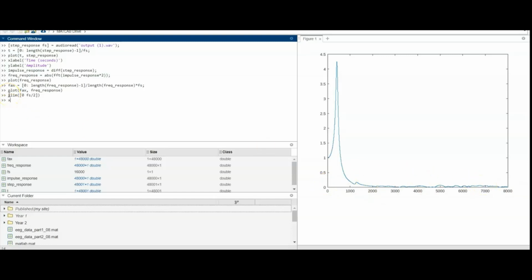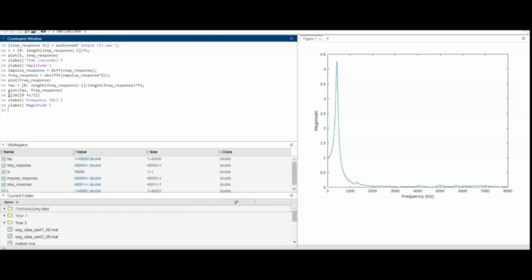We're going to put in an xlabel real quick of frequency in hertz, and a ylabel of magnitude of the output.